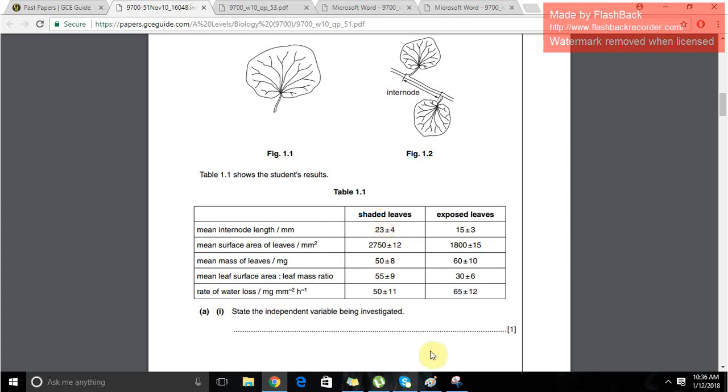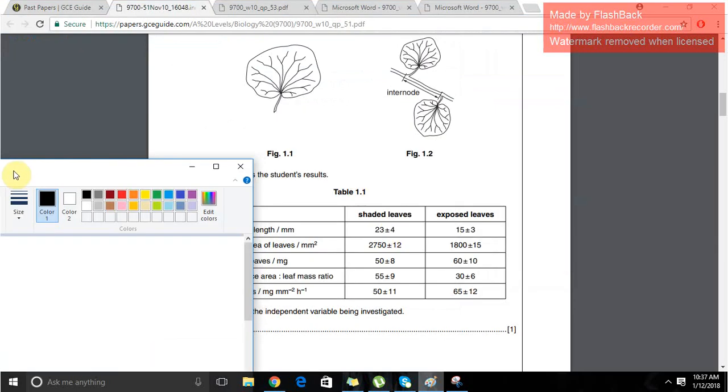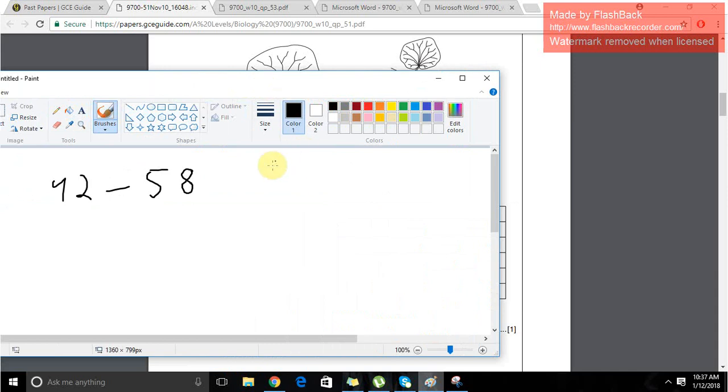You'd better write that down, 42 to 58, because it is plus minus 8 about the mean position. And then there is 60 minus 10, 50 to 70.